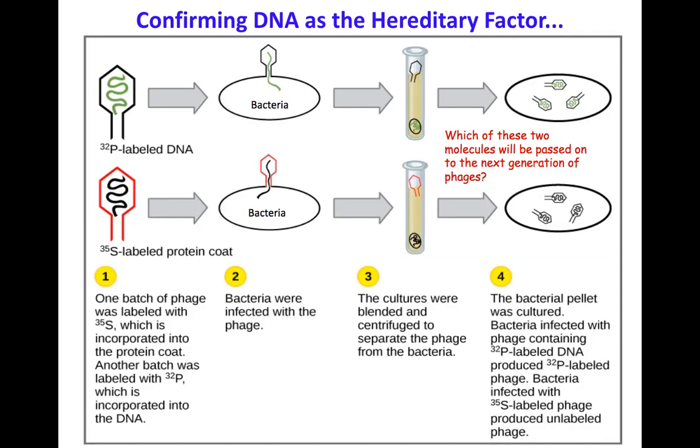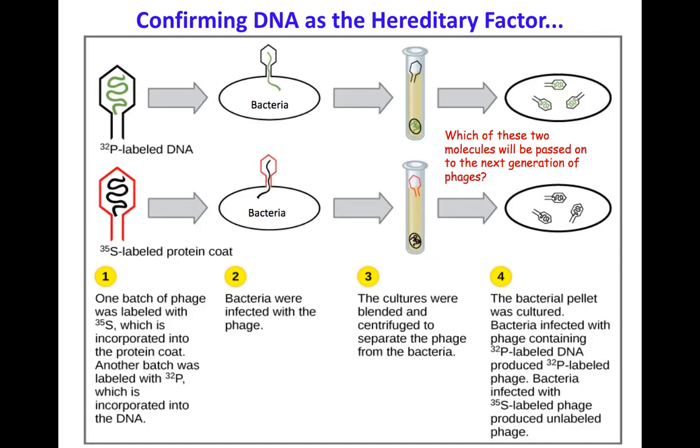So by tagging it with sulfur 35, you can use it as a trace marker to track what happens to it after you allow it to infect the bacteria. And the scientists chose phosphorus 32, which is another type of radioactive isotope, because the DNA molecule itself contains phosphorus. So again, you can use that for tracking purposes.